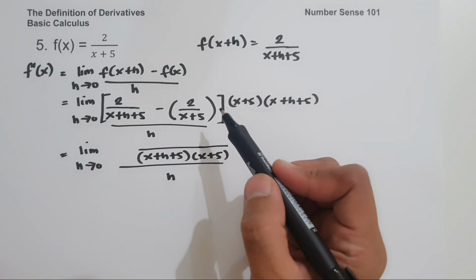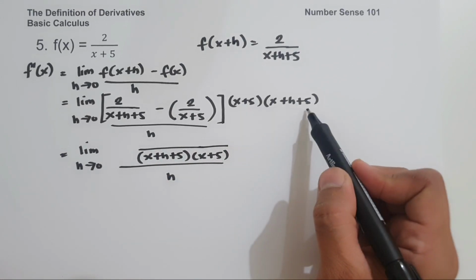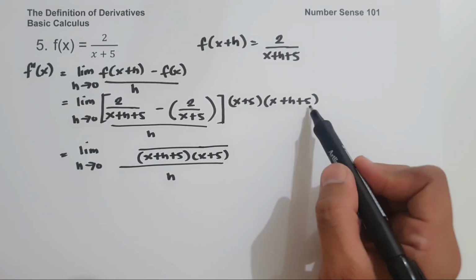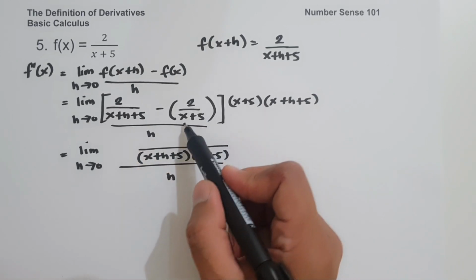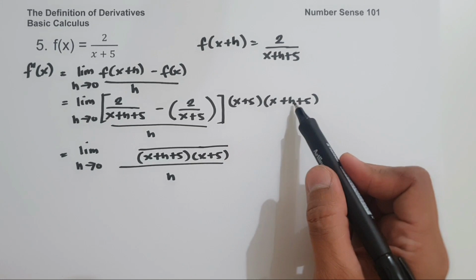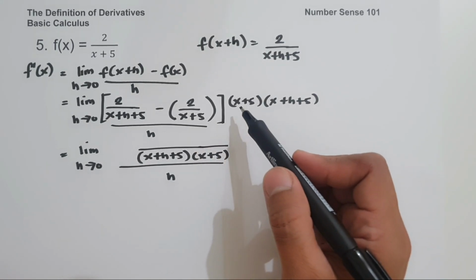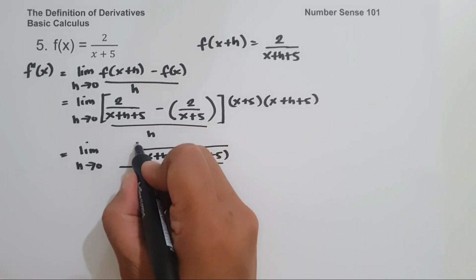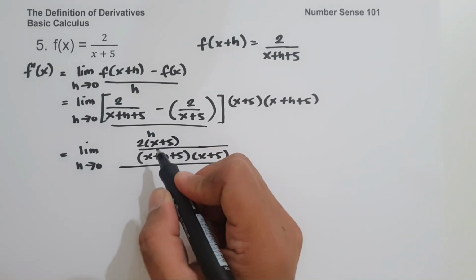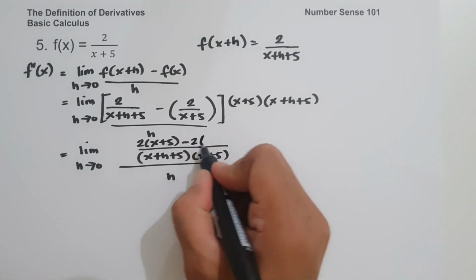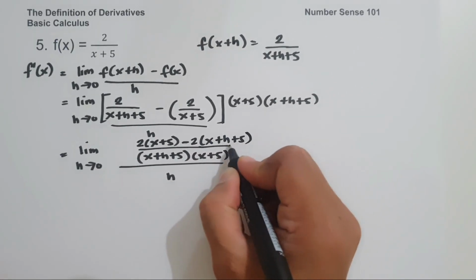So if you are going to multiply 2 over x plus h plus 5 by this expression, you are going to cancel x plus h plus 5, this one. And then if you are going to multiply 2 over x plus 5 by this expression, you are going to cancel x plus 5. So what we are going to do here is we just simply cross multiply, and that is 2 times x plus 5 minus 2 times this one, x plus h plus 5.